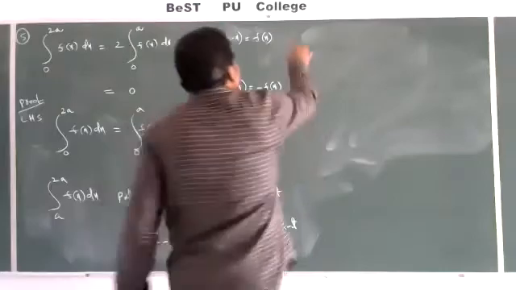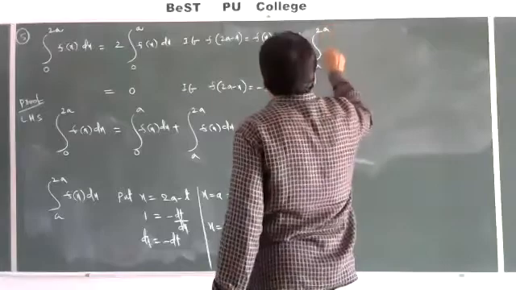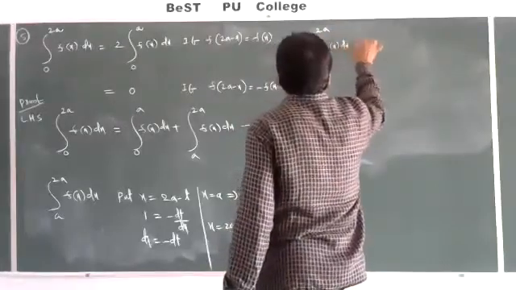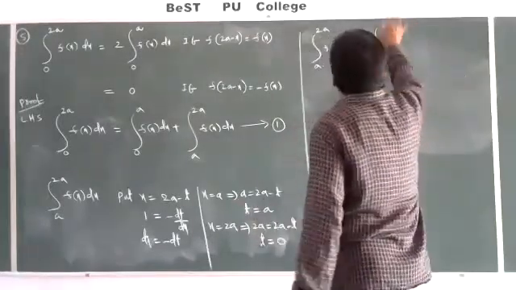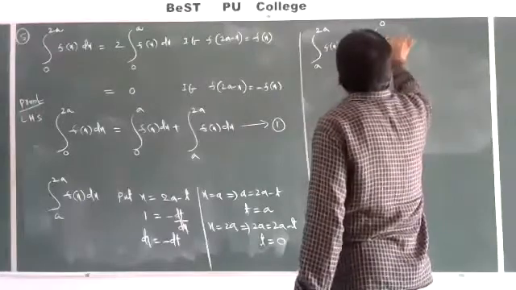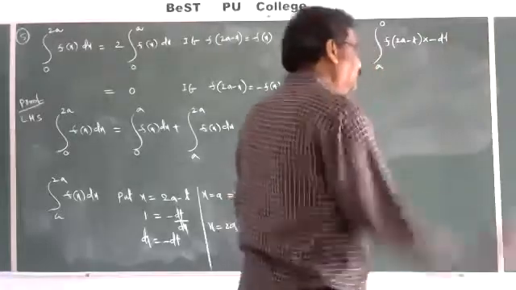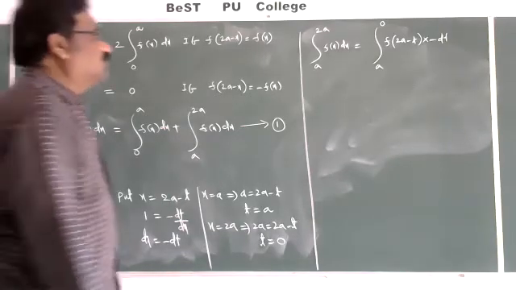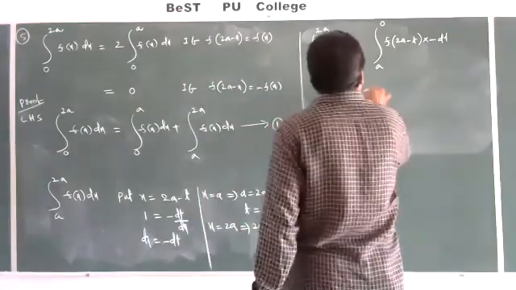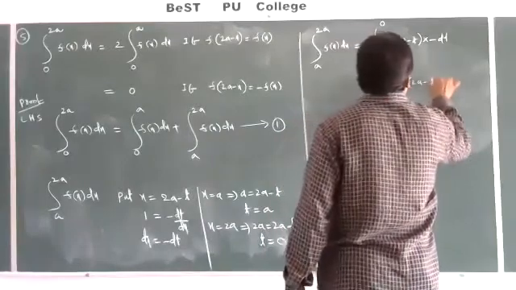Then write the integral a to 2a f(x) dx is equal to the integral from a to 0 of f(2a minus t) into minus dt, so this is equal to minus integral a to 0 f(2a minus t) dt.